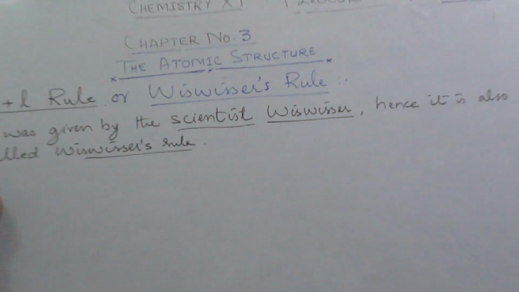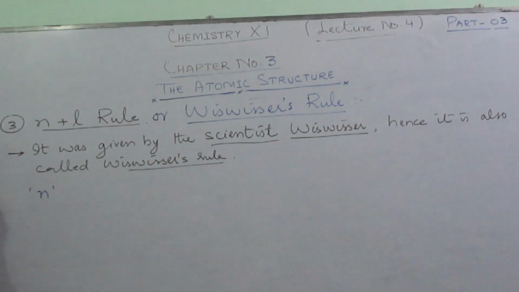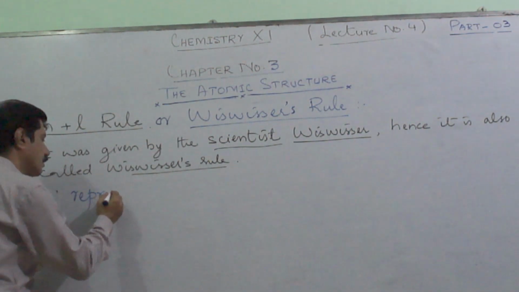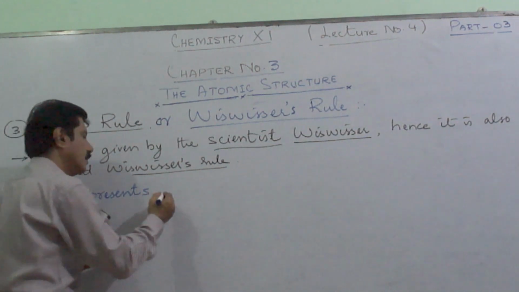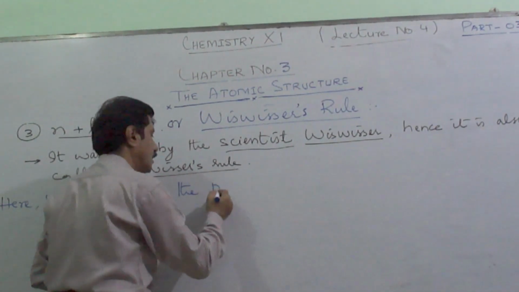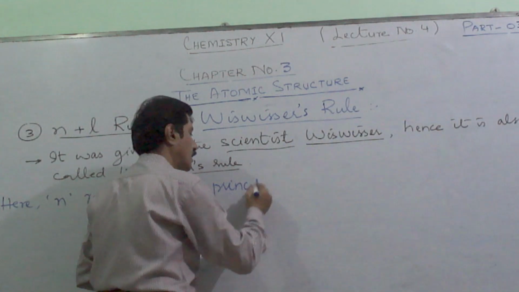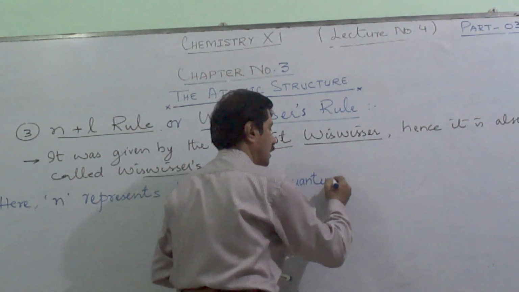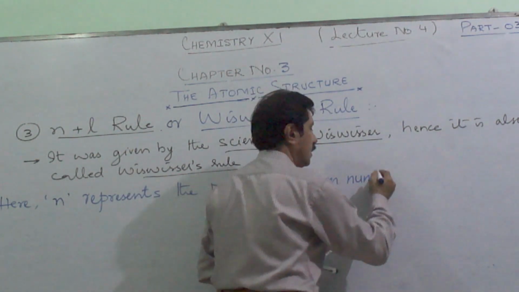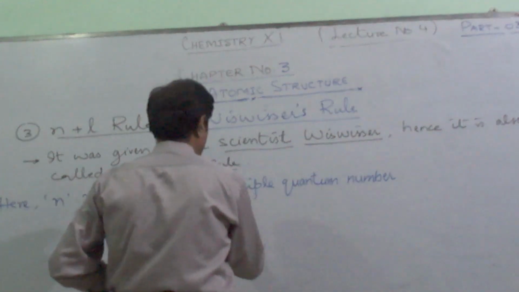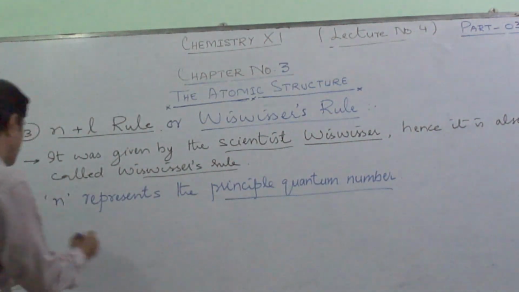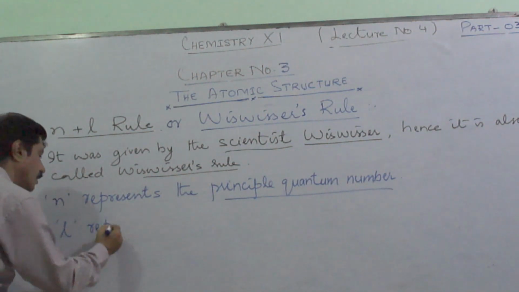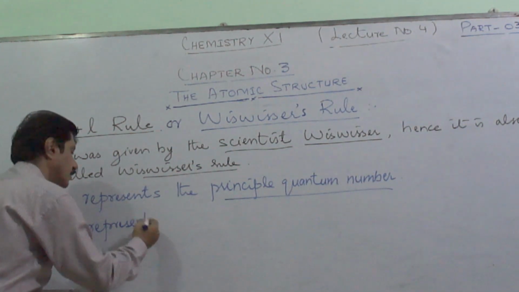Here n represents the principal quantum number, while l represents the azimuthal quantum number.